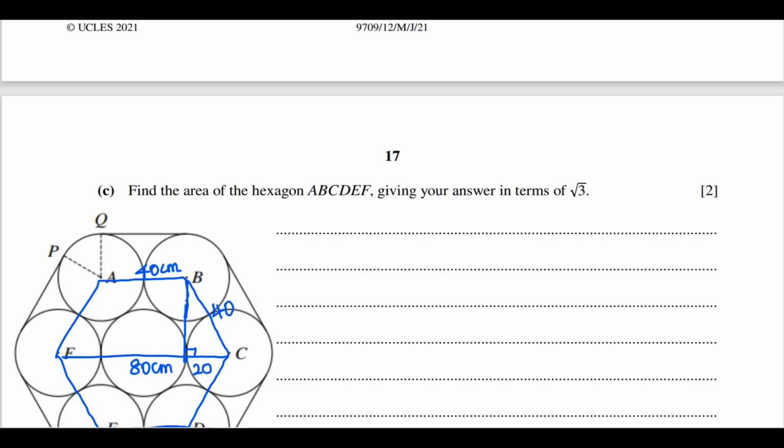We have to find out the perpendicular length. So since it's a right angle triangle, we can use the Pythagoras theorem. So this length is square root of 40 square minus 20 square, which is equal to 20 square root of 3.